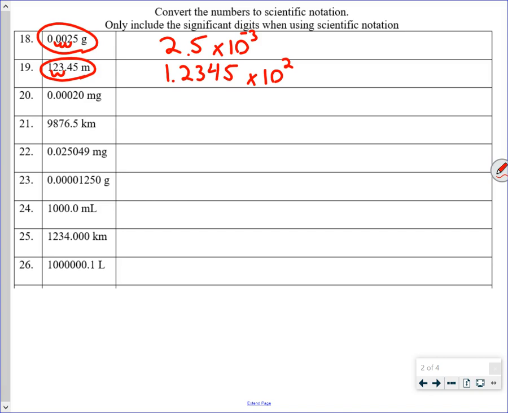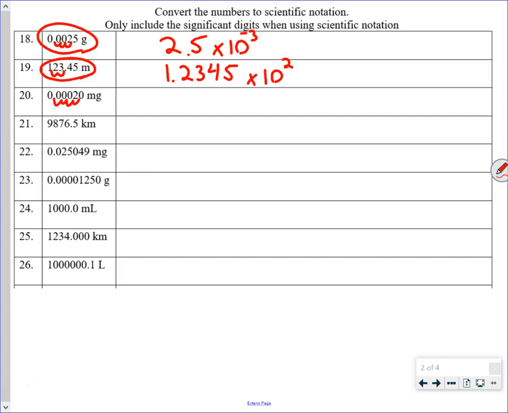Number 20, we're going to move the decimal again. We got to move it until it ends up right behind that first number. So I'm going to go 1, 2, 3, 4 places over, and I'm going to rewrite my number. Now, it hasn't come up in the first 2 problems, but in this problem we have a 0 behind that 2. The question is, is that a significant digit or is that insignificant?